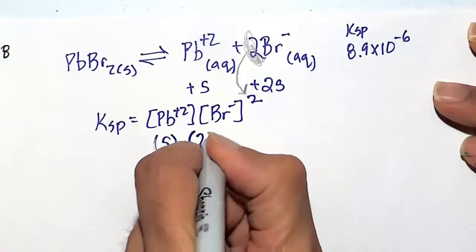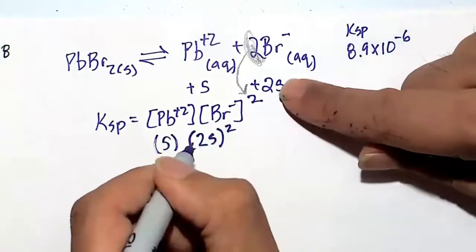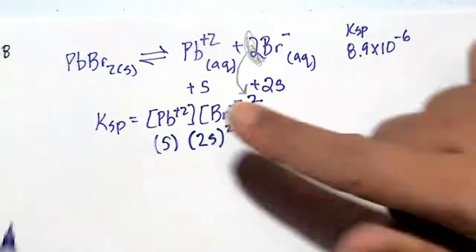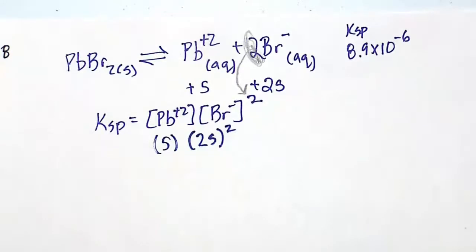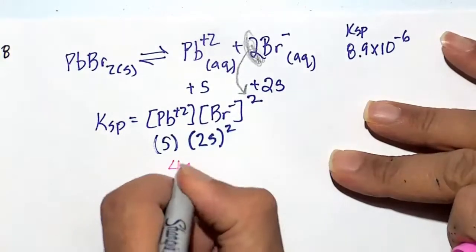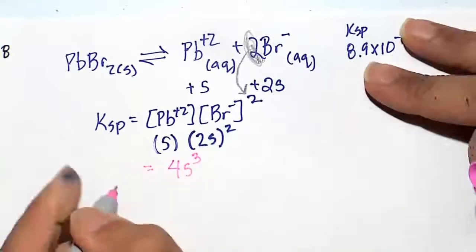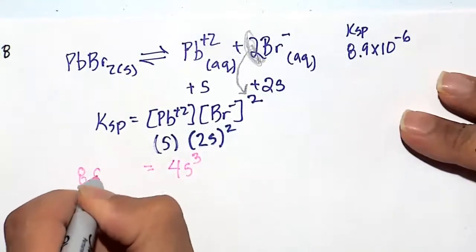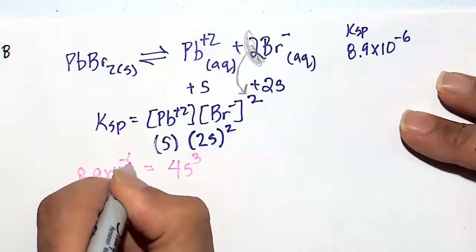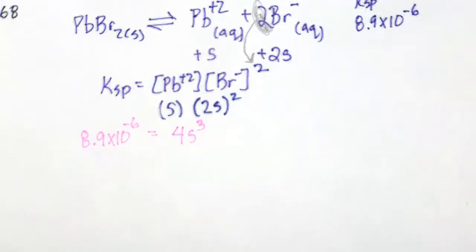So plugging in those values, we will get S for Pb plus 2 and 2S for Br minus. We have to square it because that is what the equation tells us for the law of mass action. That whole thing is equal to 4S cubed, and 8.9 times 10 to the minus 6 is our KSP expression.